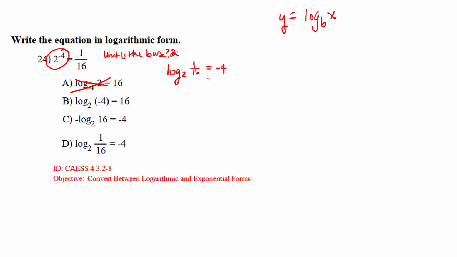The negative 4th power. What the log is equal to is always going to be the power. This is always going to be the base. And then whatever's left, that's your argument, 1/16. 2 to what power gives you 1/16? The negative 4th power.